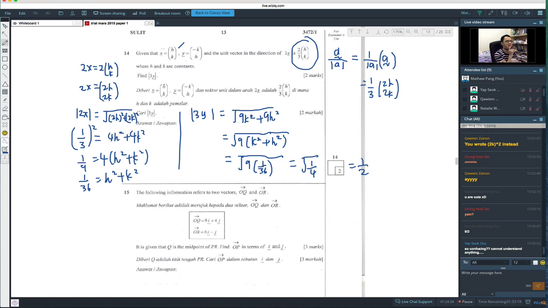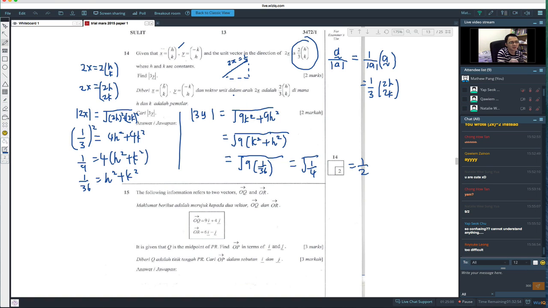Magnitude for 2h is 1 over 3 distance. Let's see. Its magnitude for 2x equals 1 over 3. This one is 2x and 2y. Let me check the answer, because seriously, this question, I think they have some specific way to do, but I'm not so sure how they do this one.